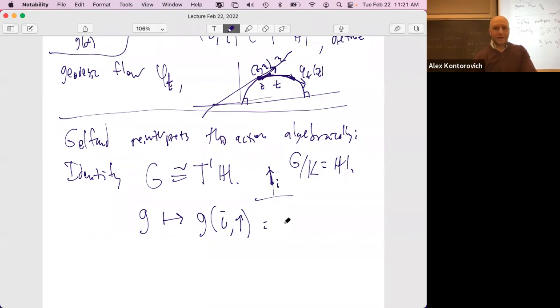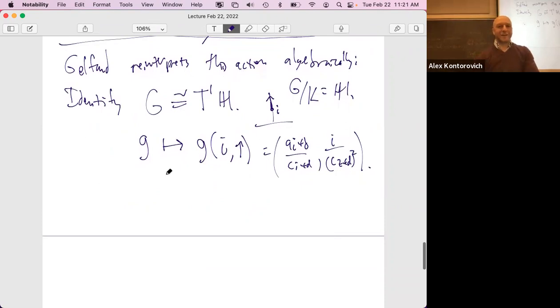Okay, so again, this means (ai plus b over ci plus d, up is i over (ci plus d) squared). So why can we get any point here and any complex number here by varying a, b, c, d subject to ad minus bc equals 1? That's our task, and the identification is very simple.